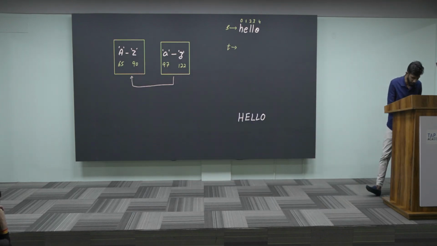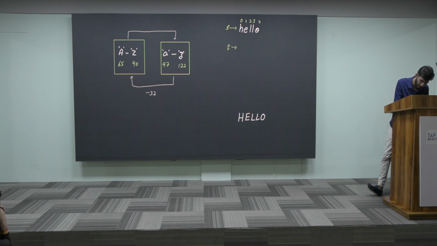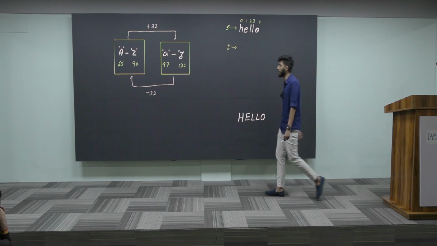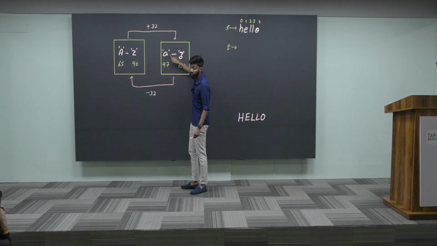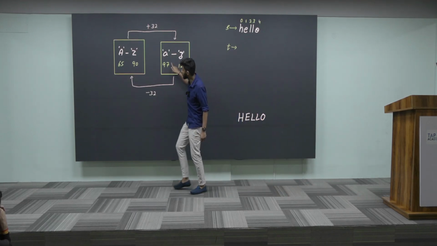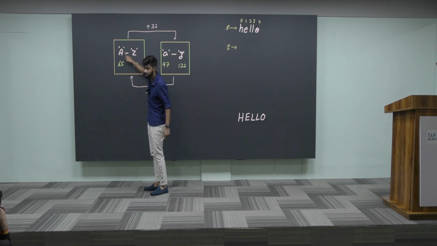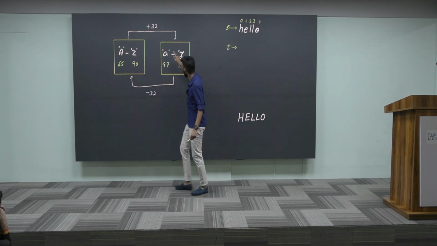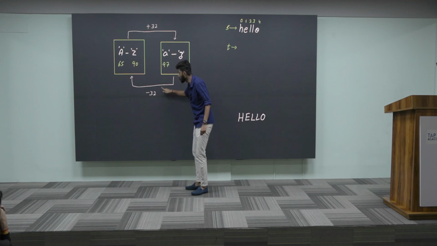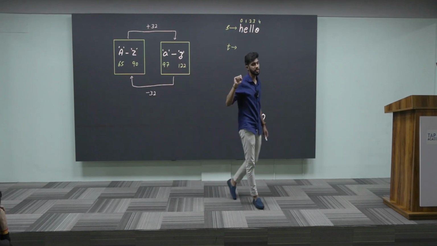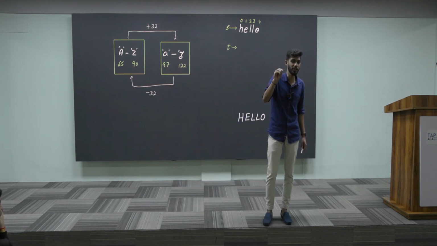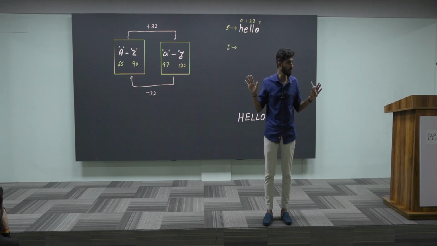So 97 minus 32 will give you 65. And similarly over here, we need to do plus 32. Is that clear to you? Similarly, lowercase b will be how much? 98. Uppercase B will be how much? 66. 98 minus 32, is it 66 or not? Yes. So automatically it gets converted. Is it clear to everyone?